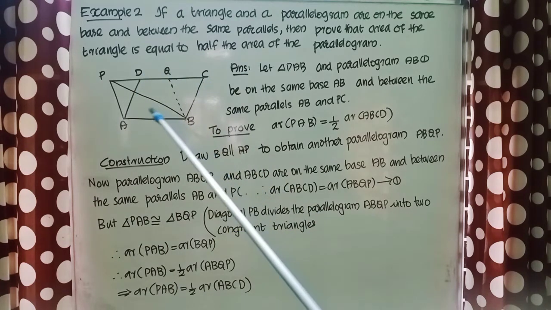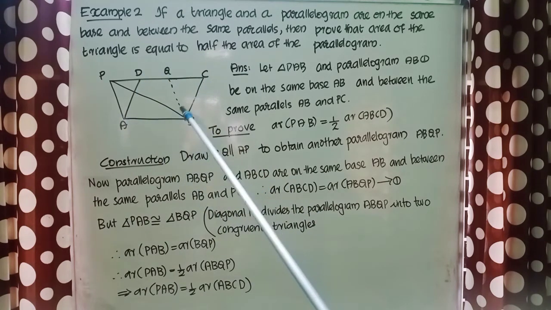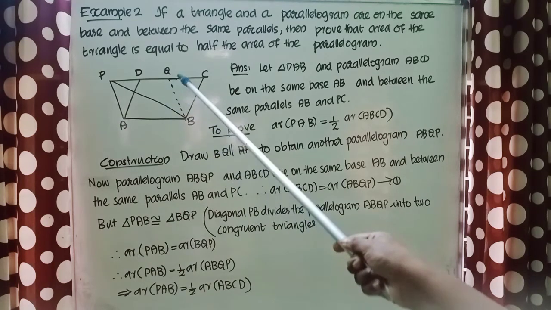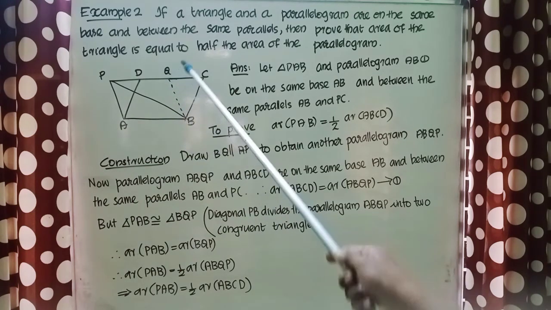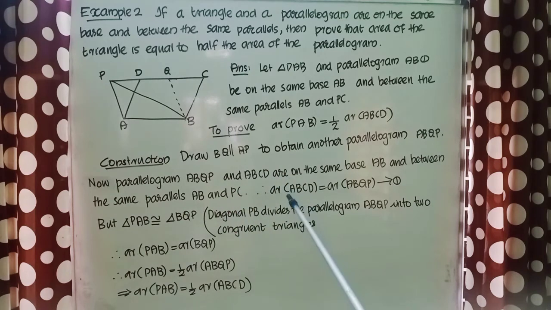Both are lying on the same base AB and between the same parallel lines AB and BC. So we can say area of parallelogram ABCD is equal to area of parallelogram ABQP. Let it be equation number 1.